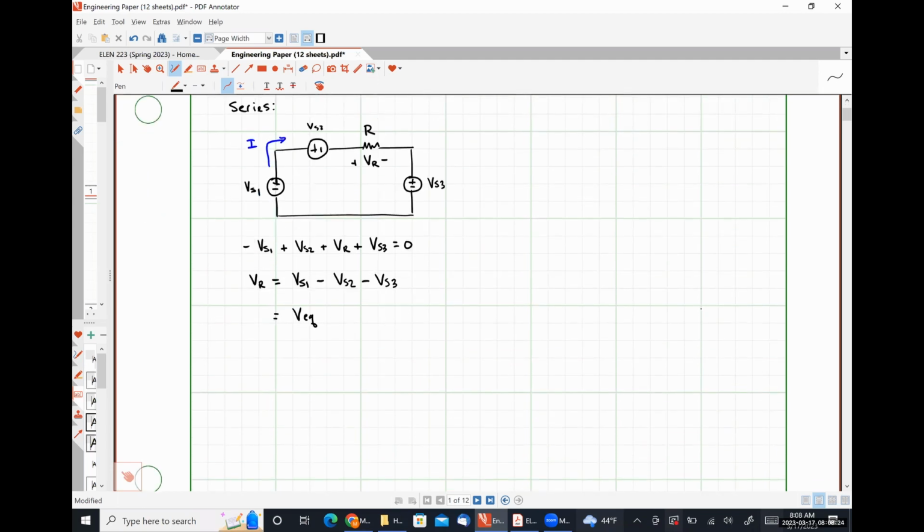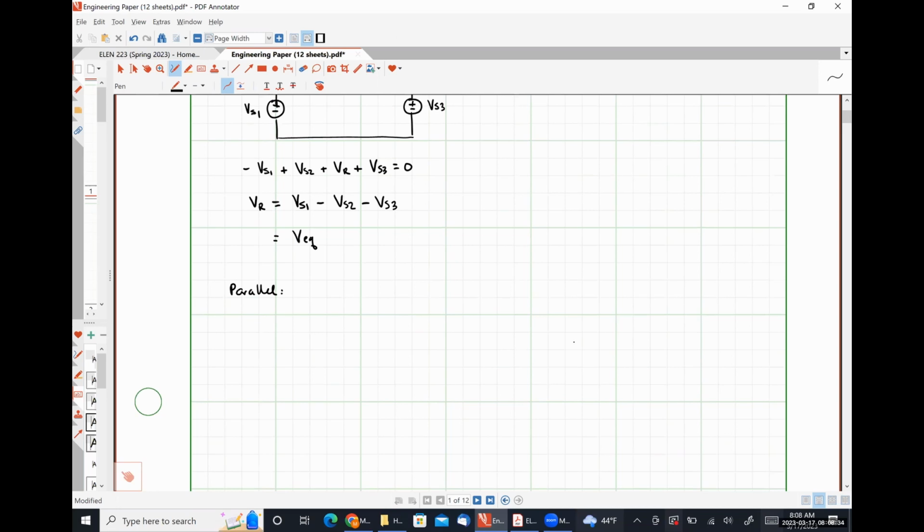Now let's look at voltage sources in parallel. So this is going to be a little bit wonky, or it may seem a little bit wonky.